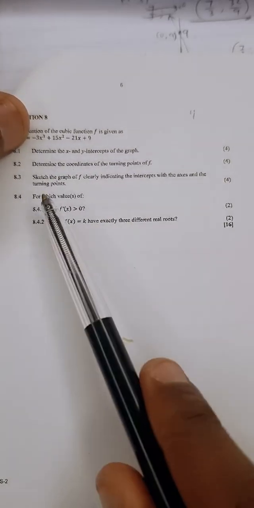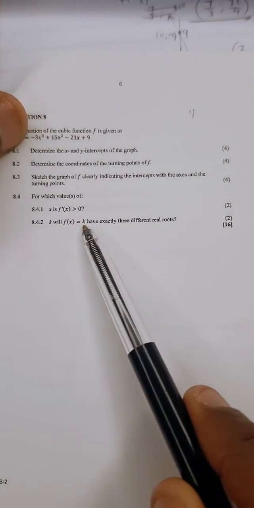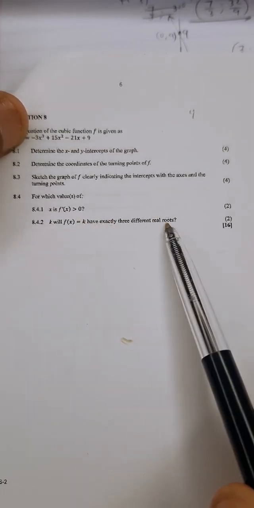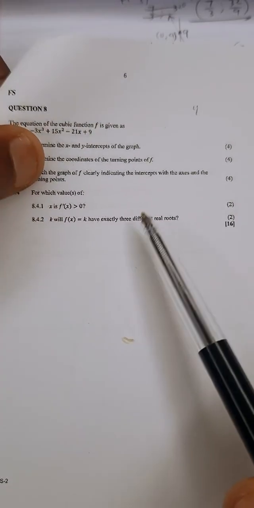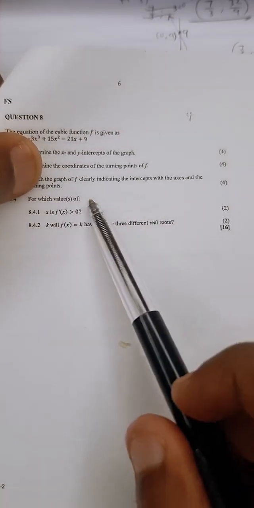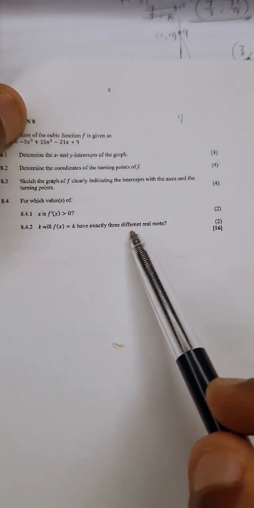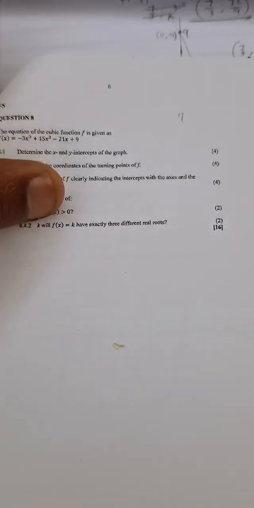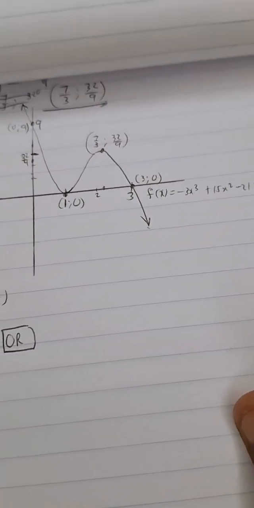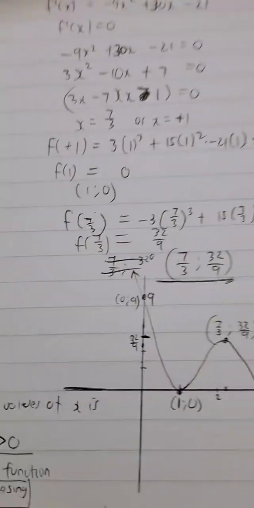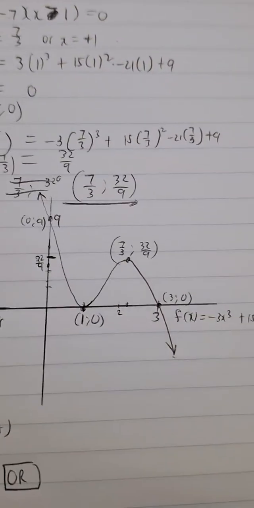This one is saying, for which values of k will f of x equal to k have exactly 3 different real roots? Let me allow you guys to answer that question. I don't want to intervene just yet. I want to see what you guys glean from this.